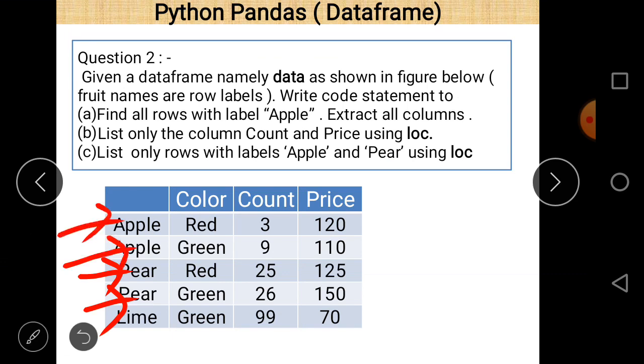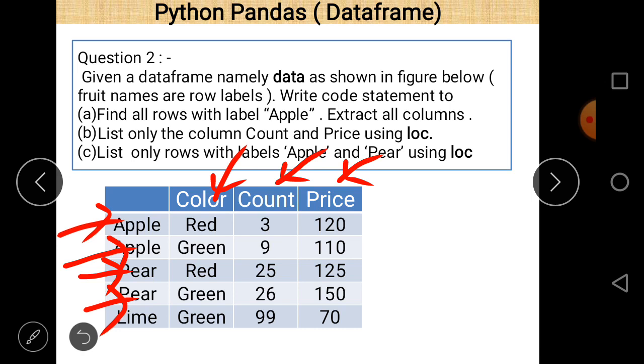So actually 4 rows will be selected. List only rows with labels apple and pear using loc, and no column is mentioned here, that's why all columns will be selected. So it means that color, count and price will be selected.